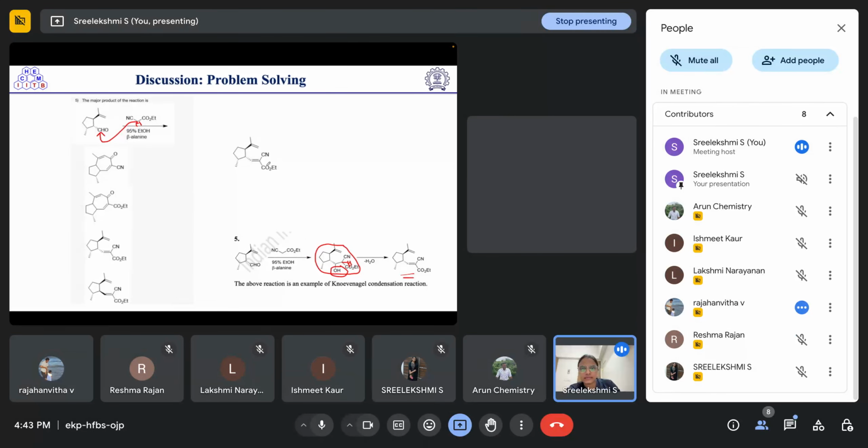So answer is this one. So this is Knoevenagel condensation reaction. Is it clear?